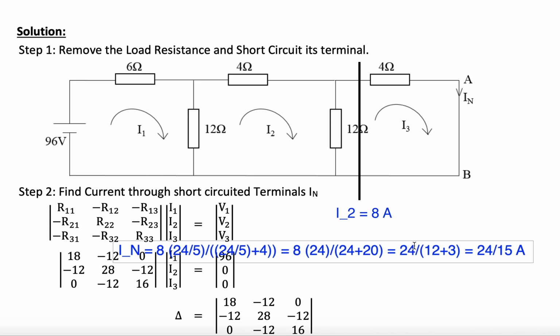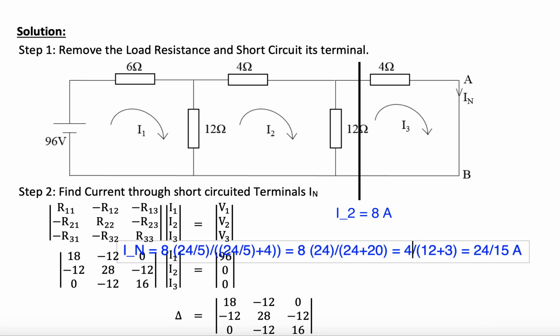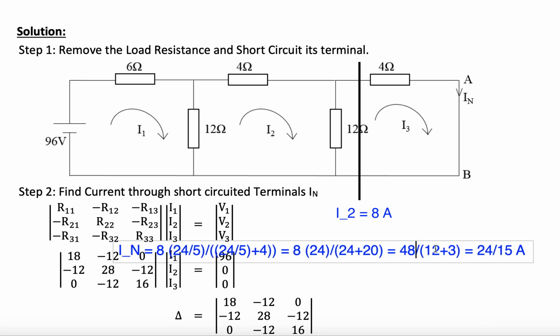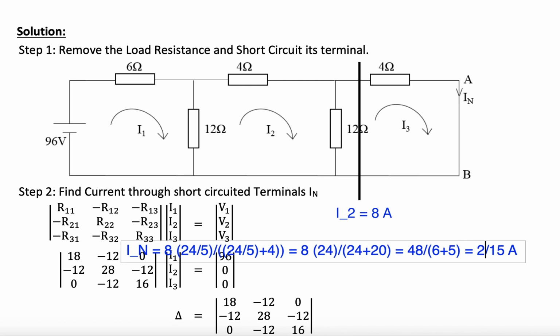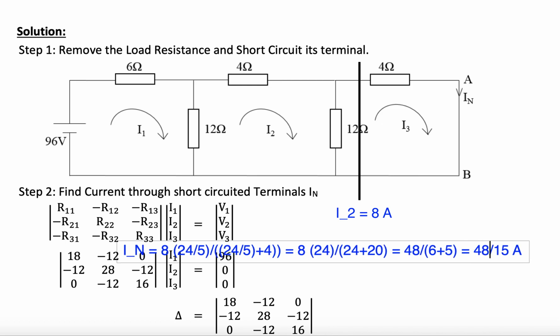I understood it now. Anyway, it will go by 4 anyway. So this will be 48. 4 6s are 24. 4 5s are 20. Okay, so 48 by 11. 48 by 11 ampere.